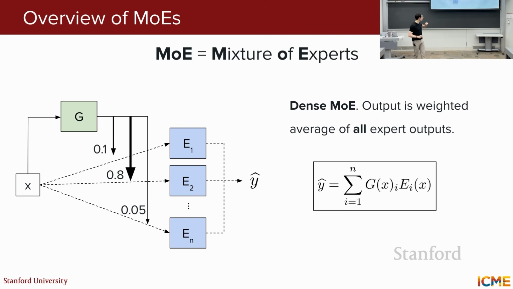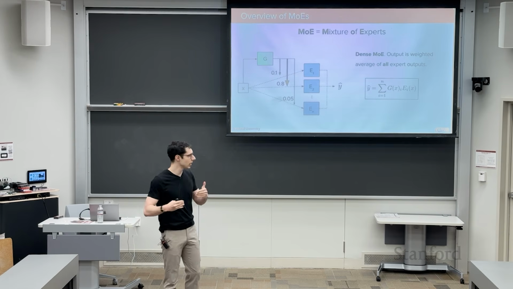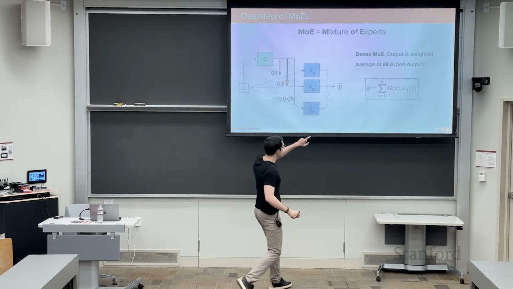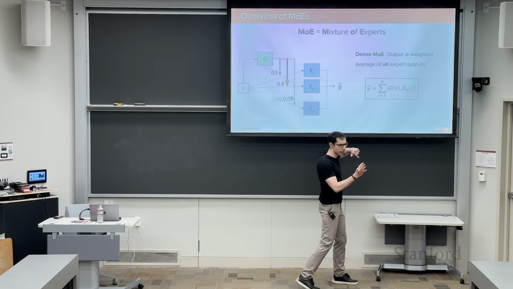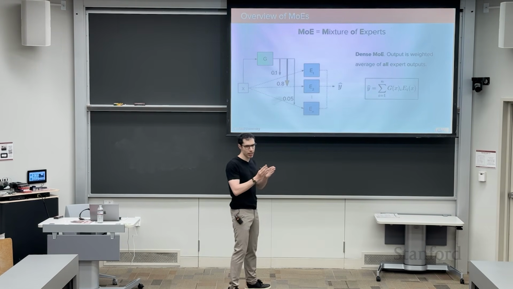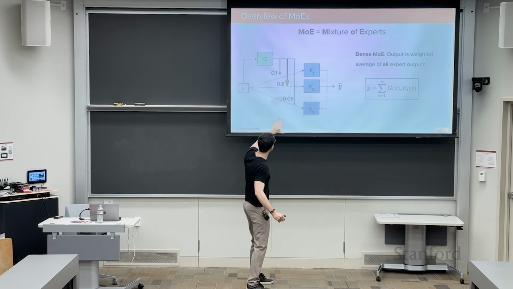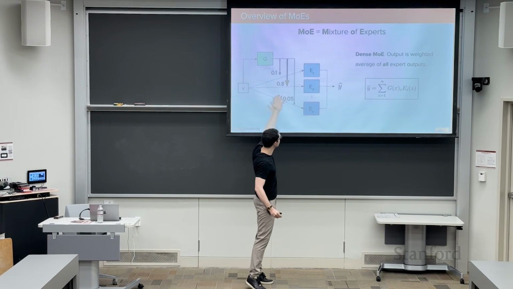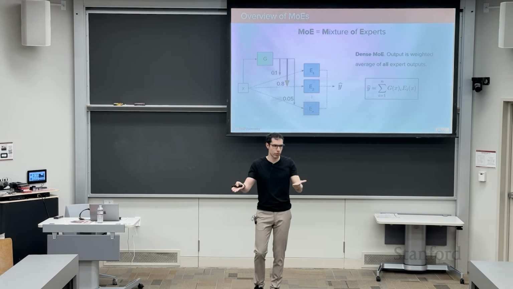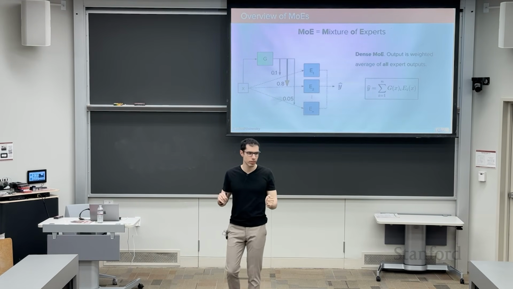A dense MoE actually does not have any constraints on the number of experts that are involved. So these weights can be anywhere between 0 and 1. Think of them as a probability distribution. But it's just going to put more weight towards some experts compared to others.